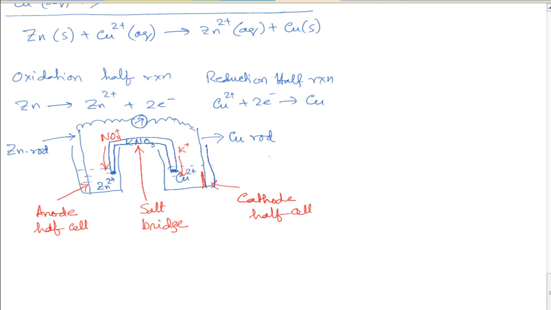And the copper rod serves as the cathode. And the zinc rod serves as the anode. And the electron flows from the anode side to the cathode side. So this is the way the electron flows.